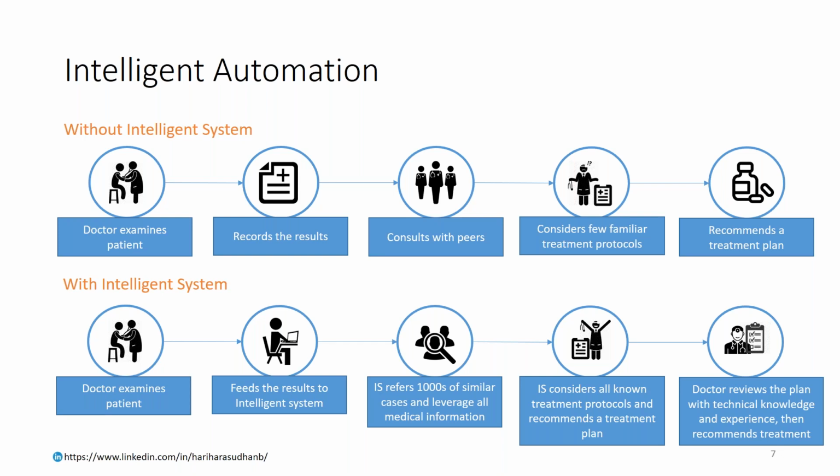Let's take a case of cancer reoccurrence. If the doctor needs to determine, based on the test results, whether there is a possibility for a person who was treated for cancer to have a reoccurrence, it is a bit vague when a doctor does it.